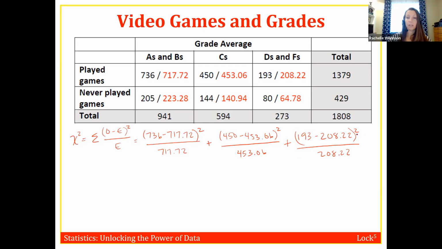I ran out of room. If I was on a big long chalkboard, I could keep going, but Zoom's cutting me off. So coming to the next line, but really it's all part of the same equation.